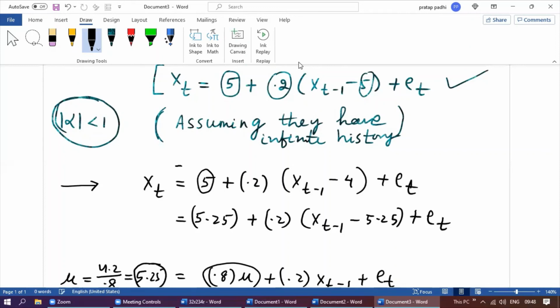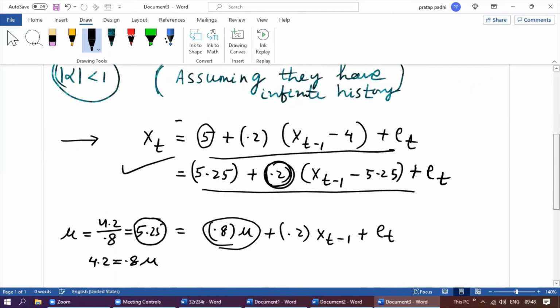So if you see, finally this remains 0.2, so it will not make any difference. These two are the same, so this is again stationary. That will not create a problem.